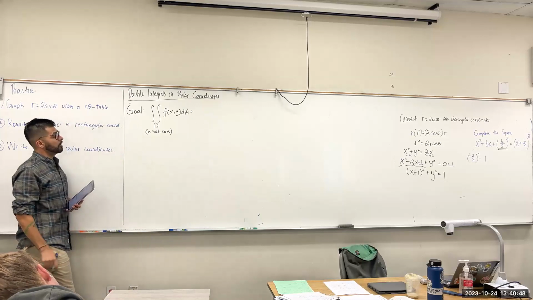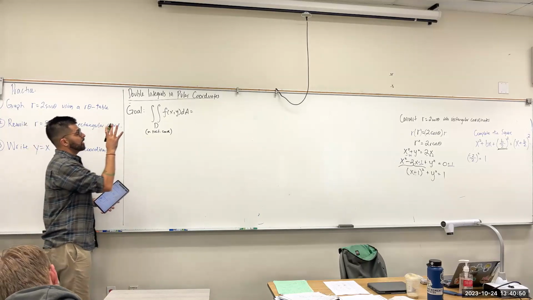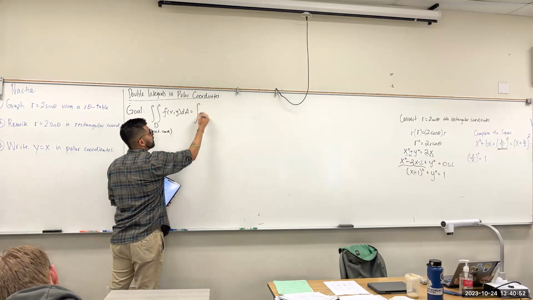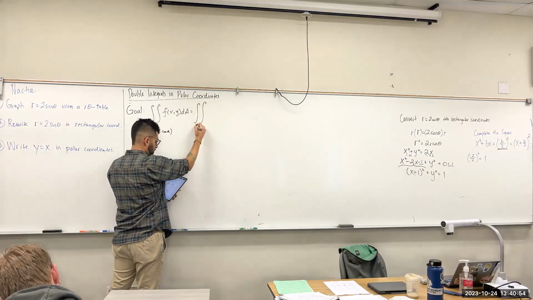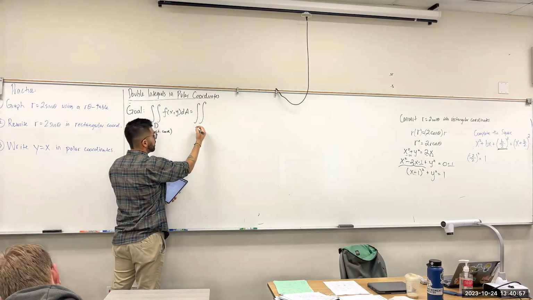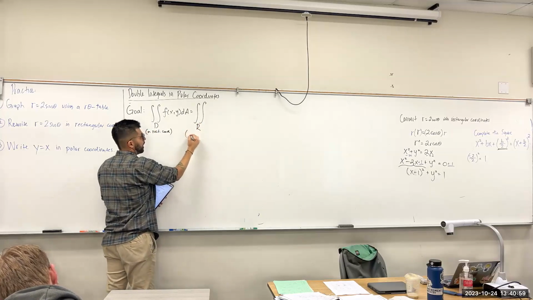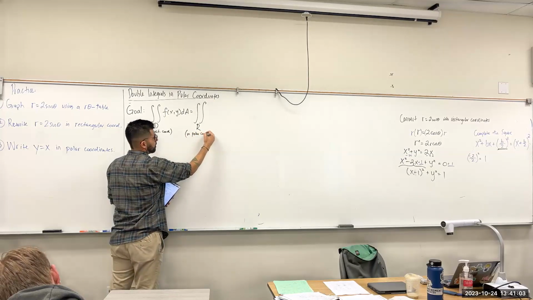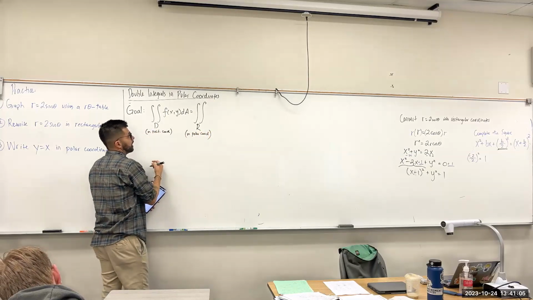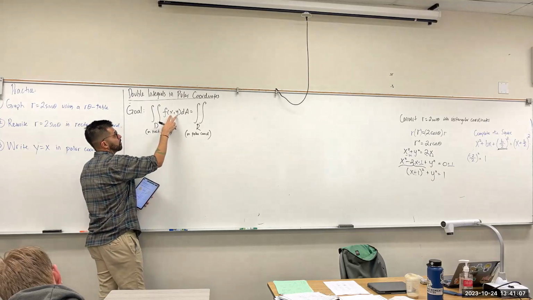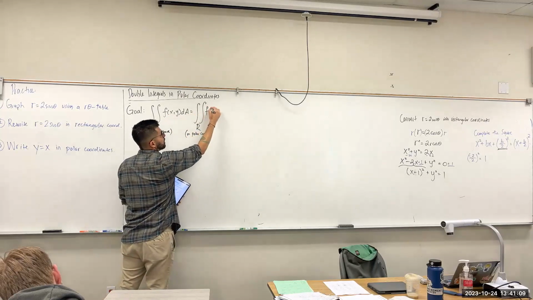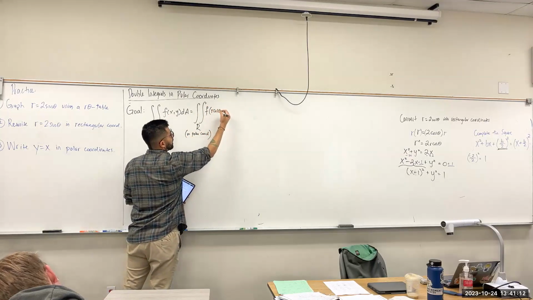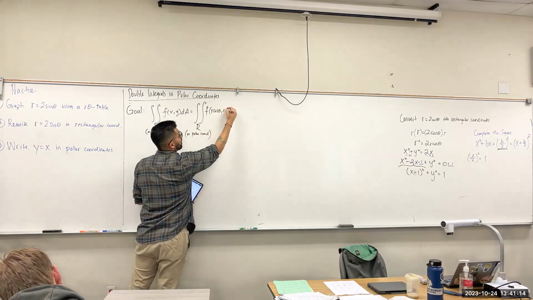I want to be able to express a double integral with some region, we're going to call it R, so that it's in polar coordinates. And so therefore, I have to convert all of my x's into r cosine thetas and all my y's into r sine thetas.